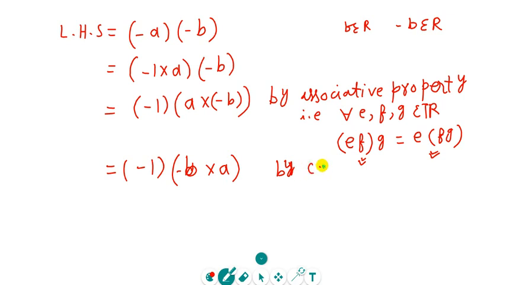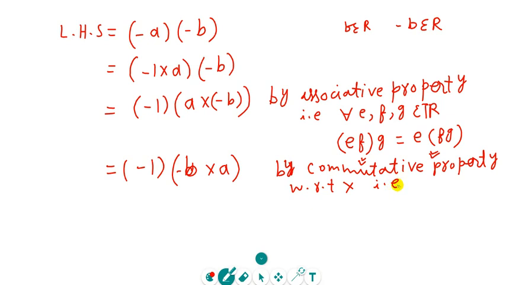If d and f belong to the set of real numbers, they are any real numbers, then we can write df is equal to fd.